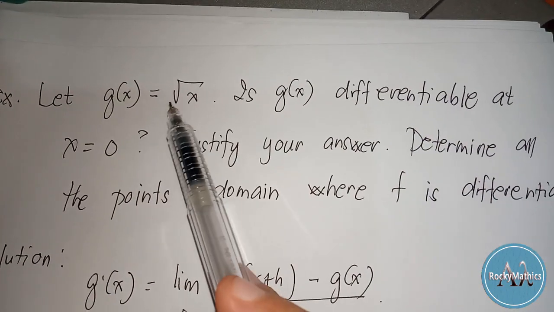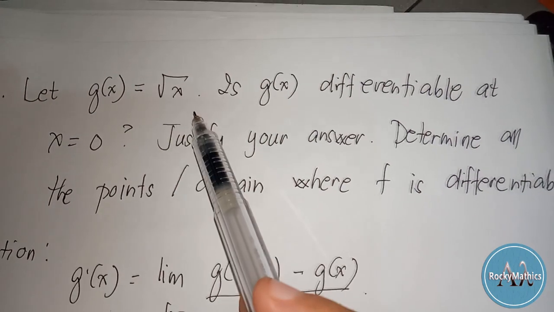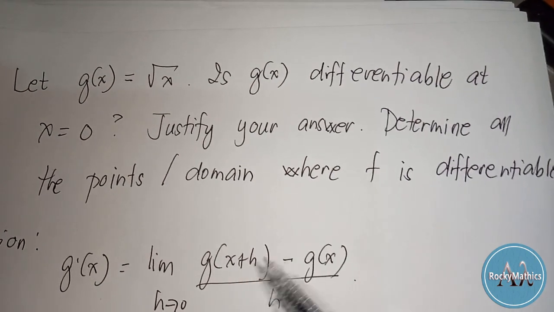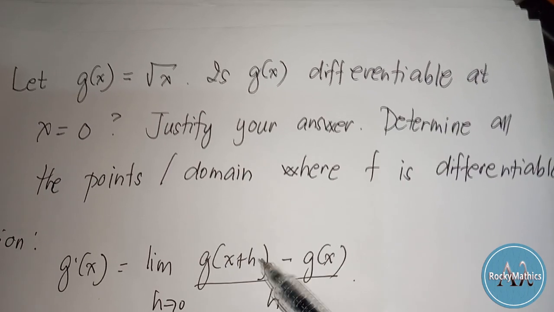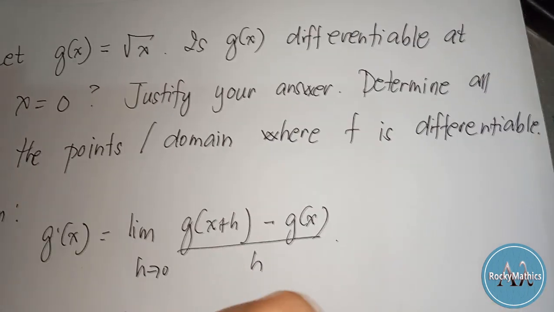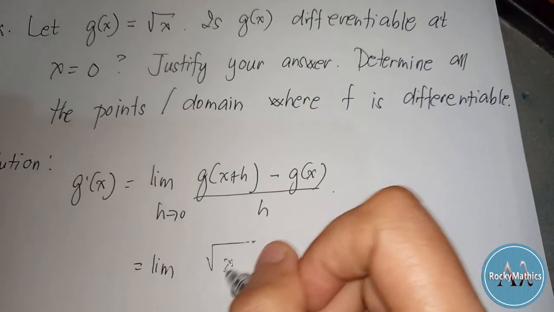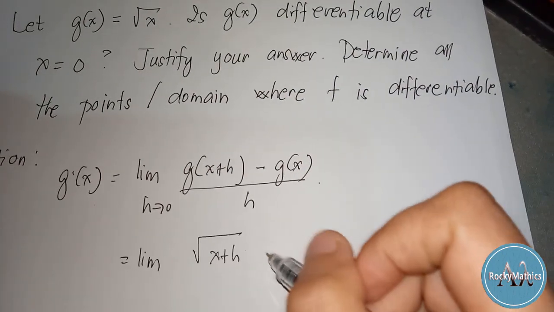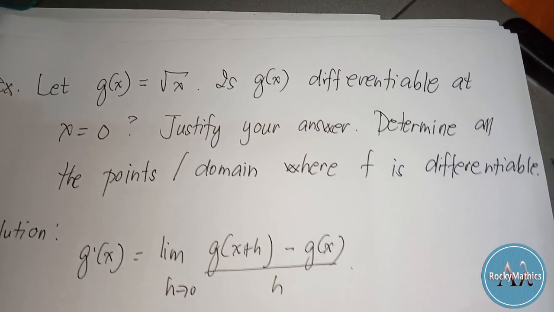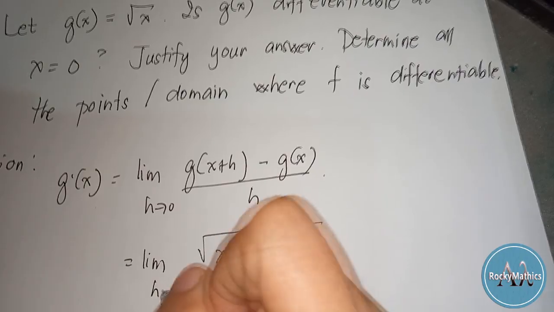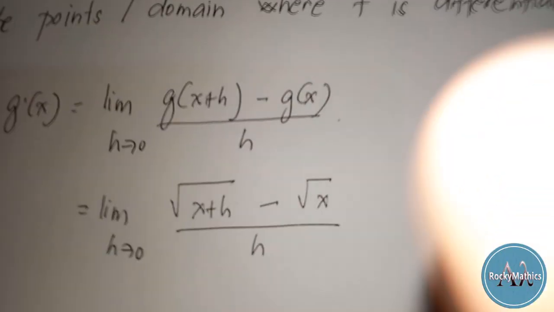Take note that g of x is square root of x. So since g of x plus h, all we have to do is add h to the variable x. So this becomes the limit of square root of x plus h minus square root of x over h as h approaches 0.